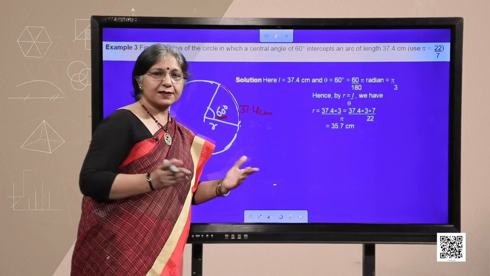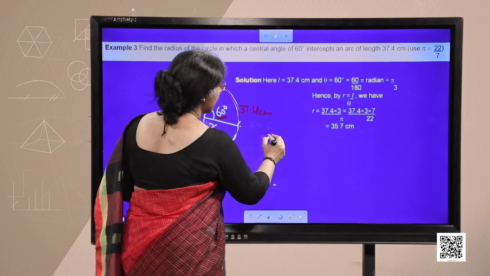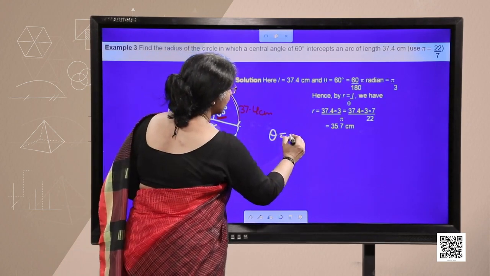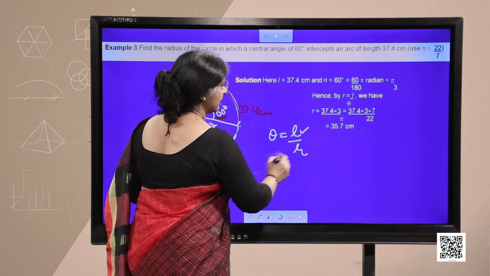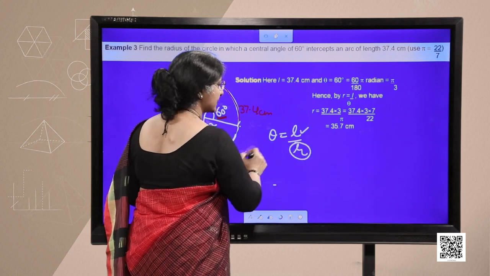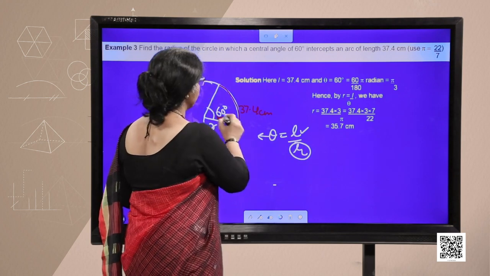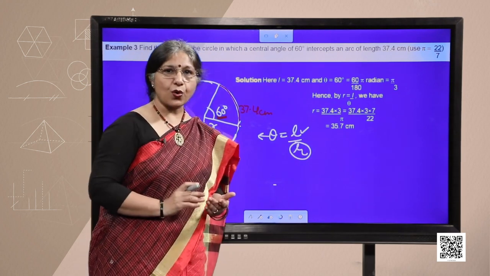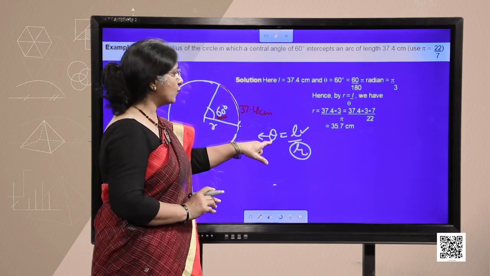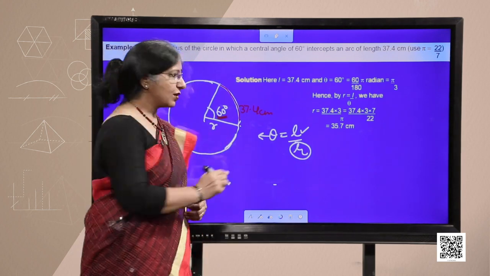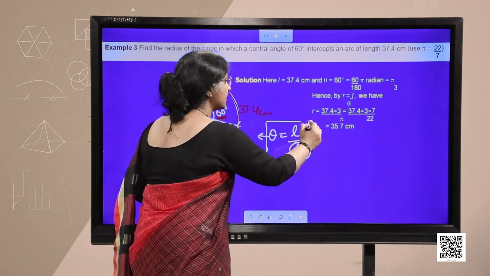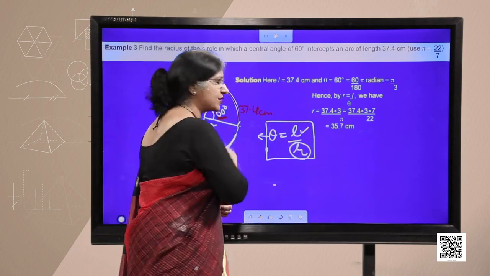You will say simple, we can apply this formula, theta is equal to L upon R, where arc length is given. We need to find the radius and just put the value of theta given. But no, here we need to first convert this theta or angle into radians, because this formula applies only to radian measure.